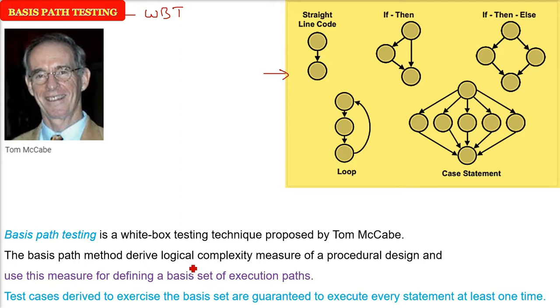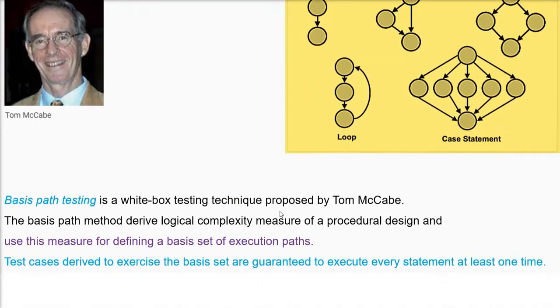These test cases which we derive to exercise the basis set are guaranteed to execute every statement at least once, every path, every route at least once, whether it is if then else, loop, or case.